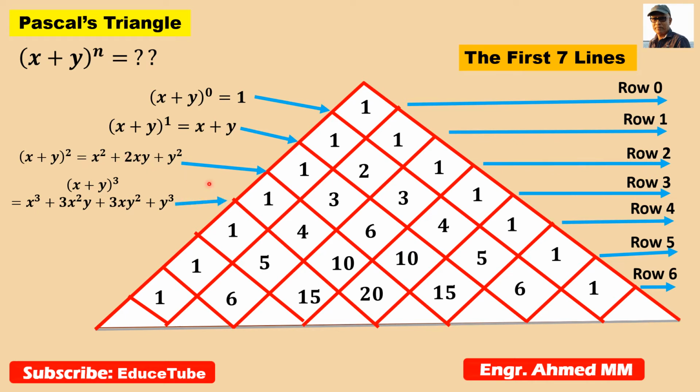Then row 3 will be this one. And you compare this coefficient, 1 3 3 1. It is row 3, which means the power is 3. And look at the coefficients, 1 3 3 1. Perfect. So let's move to the next slide to understand more about the terms, I mean how to check whether the terms are correct or not.